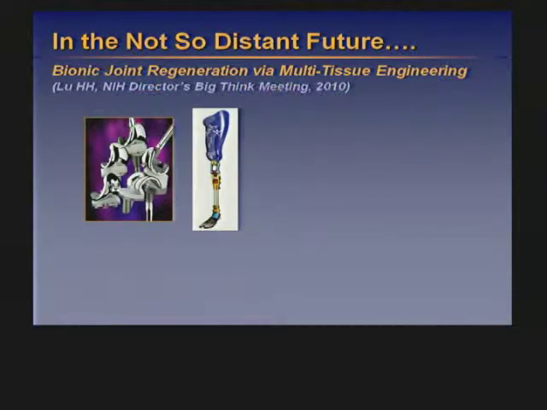In addition to that, I think what this work would have, in the context of the not so distant future, you heard questions about the total joint replacement. Yes, there's a lot of advancement that has been made in the total joint replacement, and NIAMS played a significant role in bringing that to fruition.